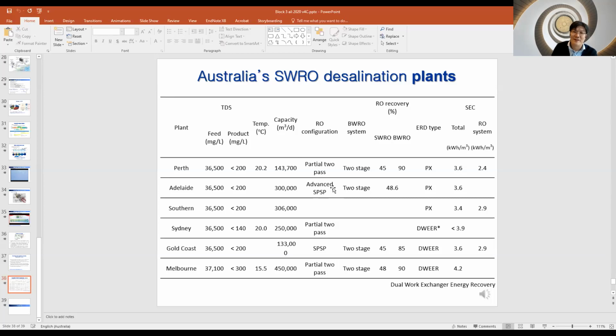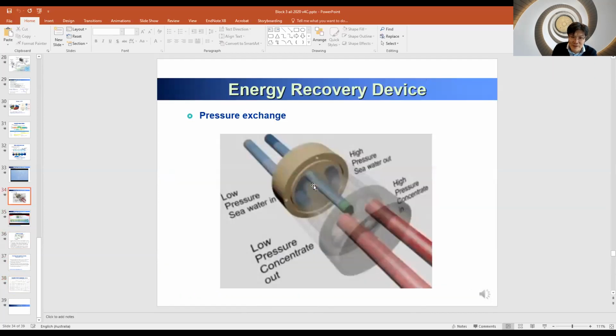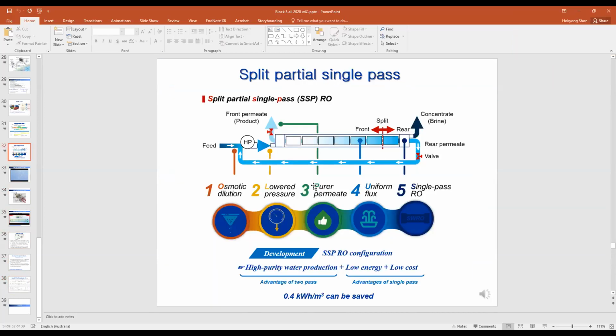Advanced means, yeah, the name is the same as SPSP, which we already discussed. For example, does it increase recovery? I think this one saves energy, so we just call it about energy. Yes, advanced SPSP process.